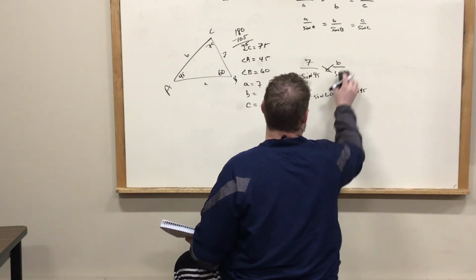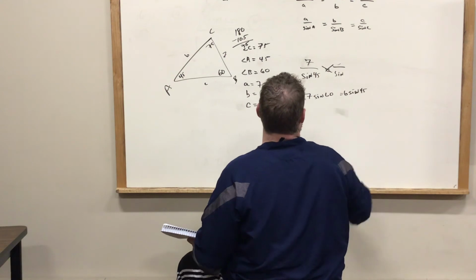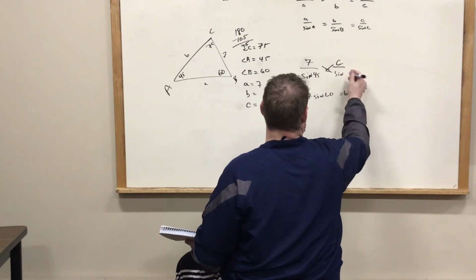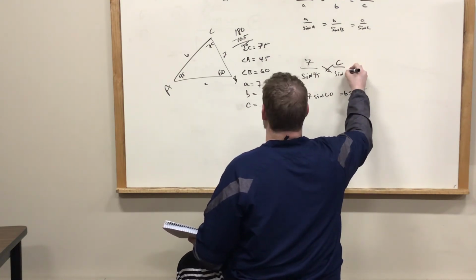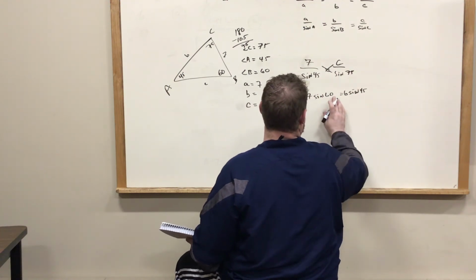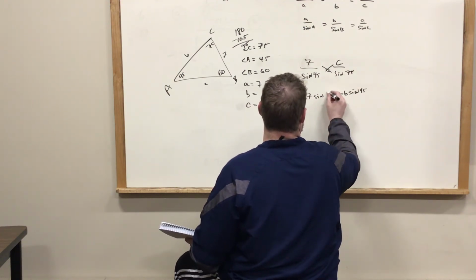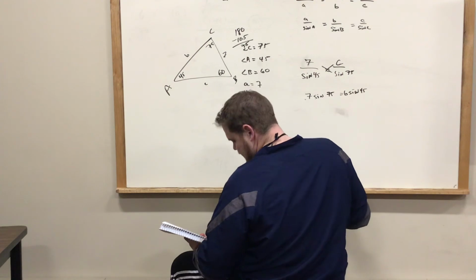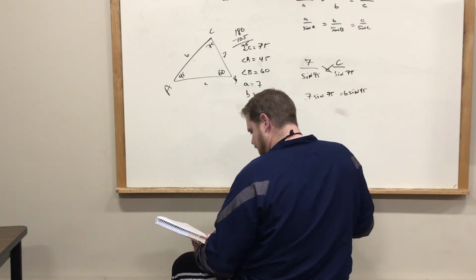If I just want c, what angle would I use? C, which is 75. So we're going to switch this to 75. It makes it a little harder because we don't have sine 75 memorized.